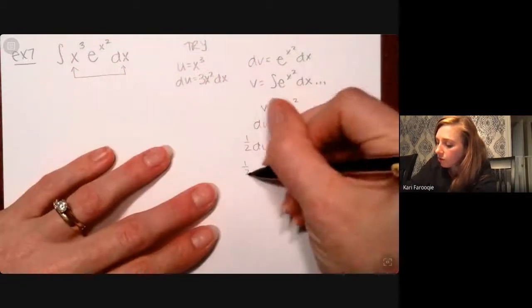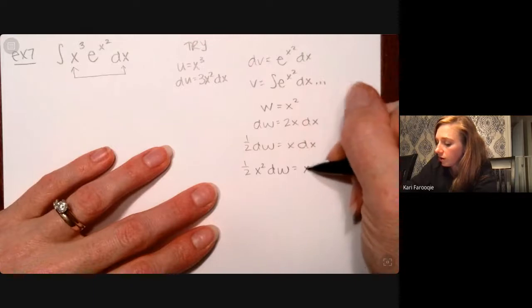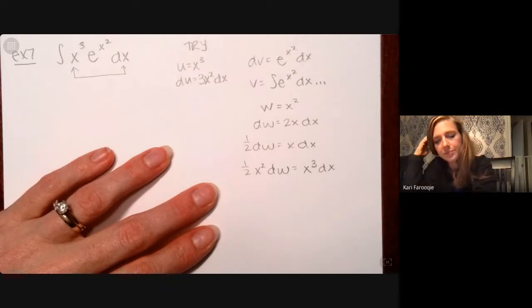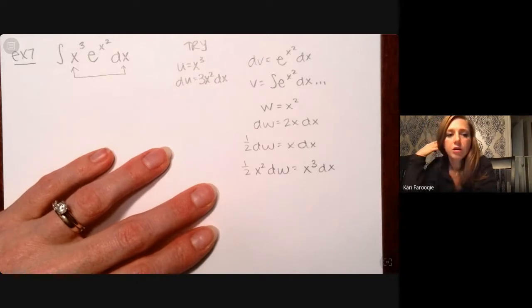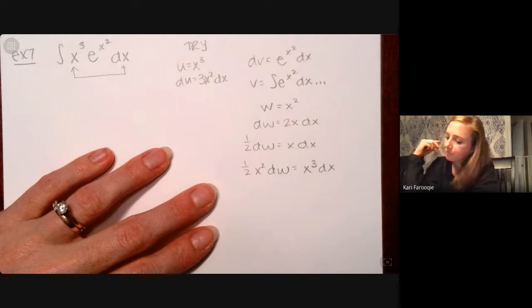So I'm going to write 1/2 x squared dw is x cubed dx. We did a technique like this during the first week of class. I want to say not the first day, because the first day I went over the syllabus. I think it was the second day that I went over the integration review, and we did some integration that looked kind of like this.